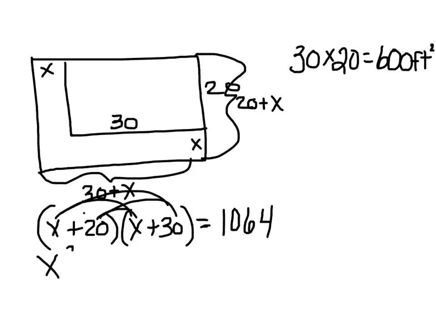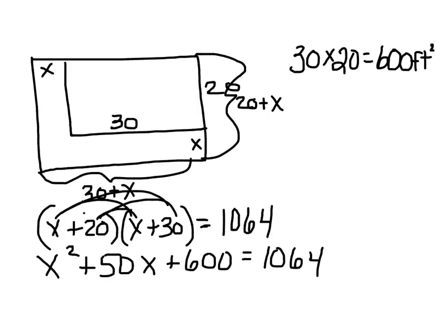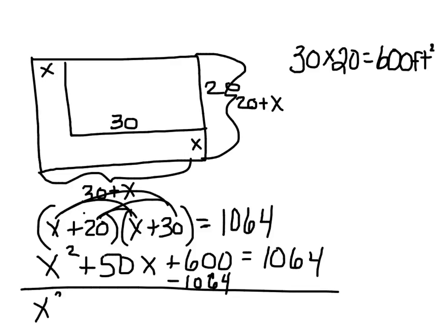So that gives me x squared plus 50x plus 600 equals 1064. All I did was I FOILed and I combined like terms. Then if I subtract 1064 from both sides, I end up with x squared plus 50x minus 464 equals 0.